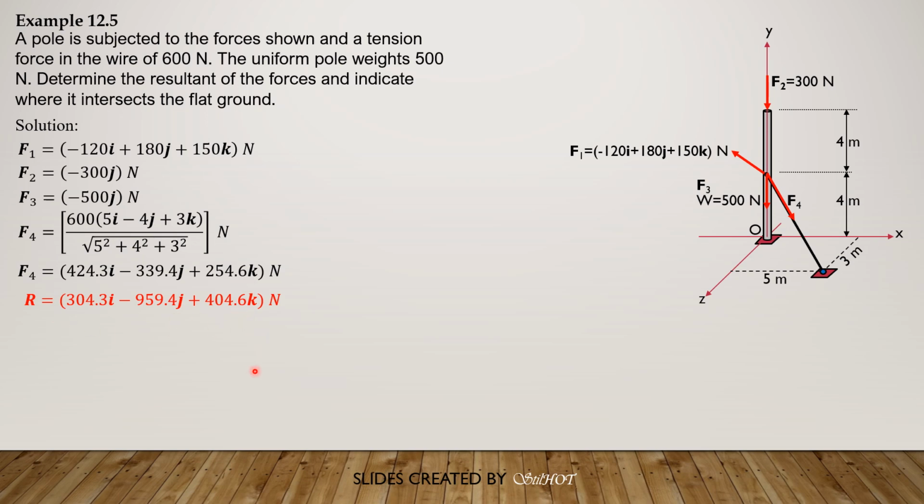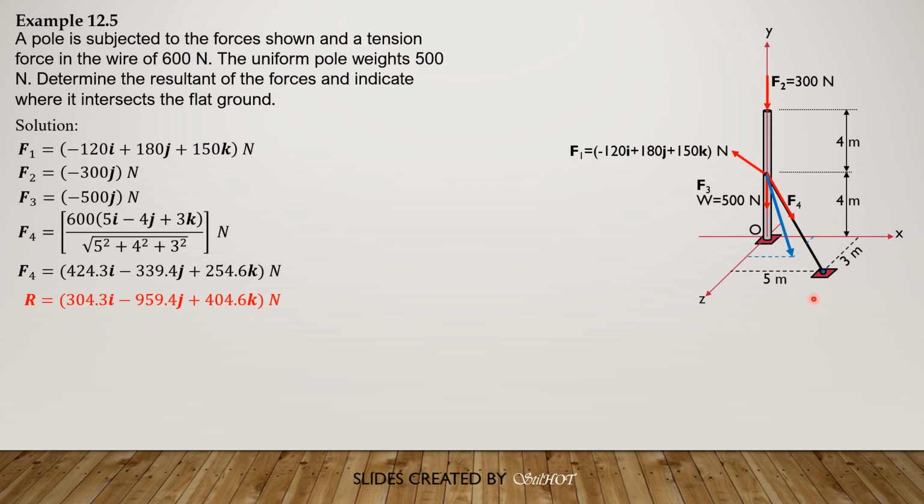So that's the resultant. Then for the coordinates of the point where the line of action of the resultant crosses the flat ground. So the flat ground is the XZ plane, and we describe the resultant as rightward, downward, and forward. So therefore, we expect positive coordinates for X and Z.